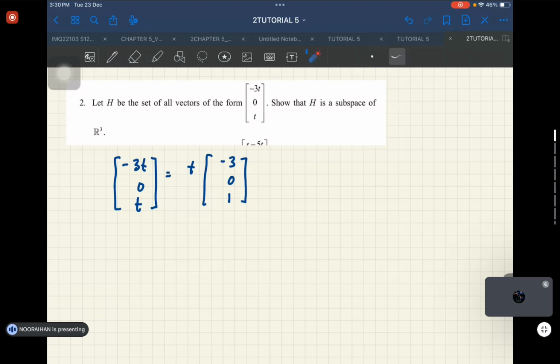So rewrite this, and any set that can be written as a span of vectors is automatically a subspace.